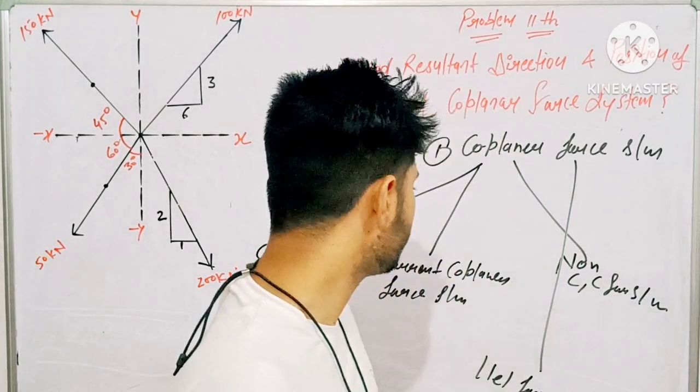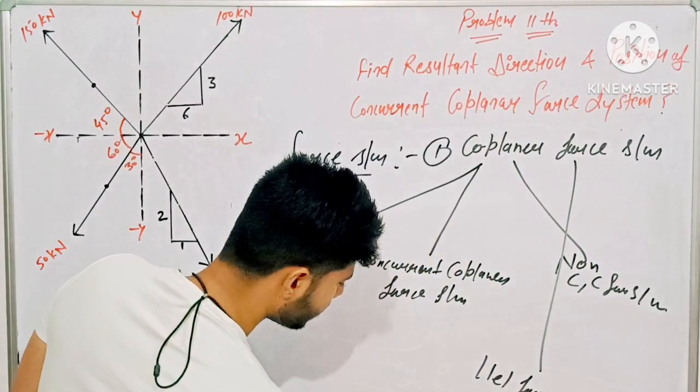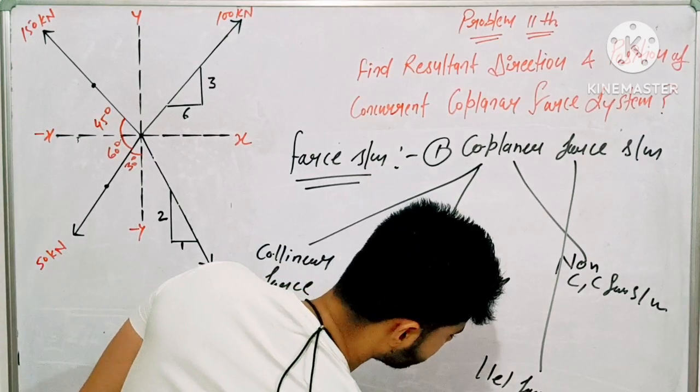Parallel force system has two types, like parallel and unlike parallel.